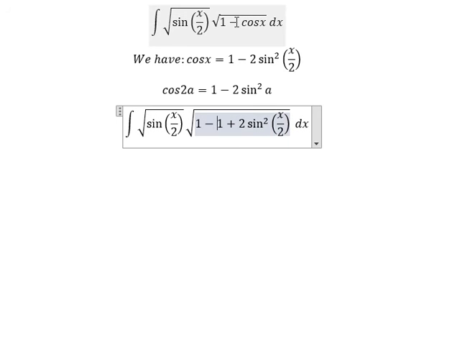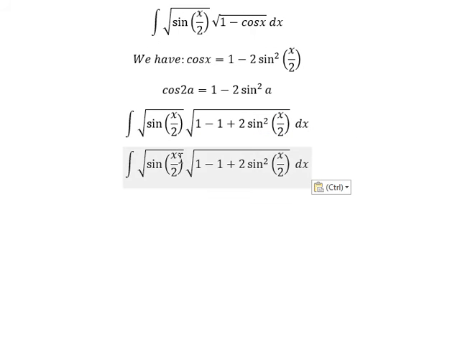Because we have the negative next to cosine s, the negative in here we change to the positive. 1 minus 1 is about 0.